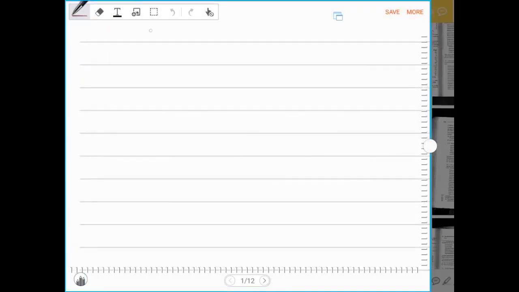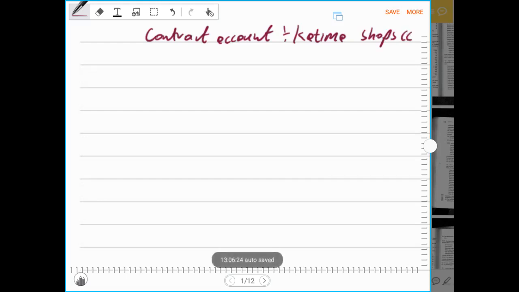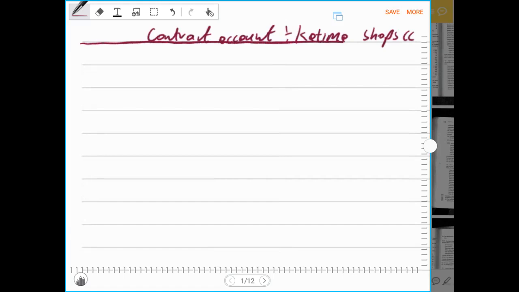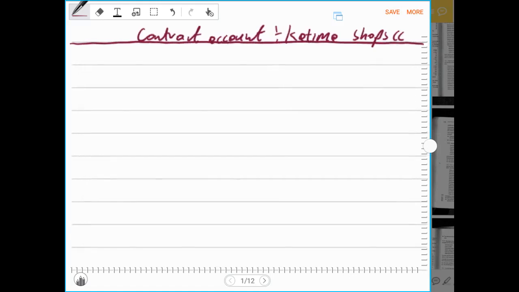So now this is a ledger account, and we write contract account, and the contract account is for Kadima Shops Close Corporation, and this is the ledger account for this business. They are doing the ledger account by the end of the period.